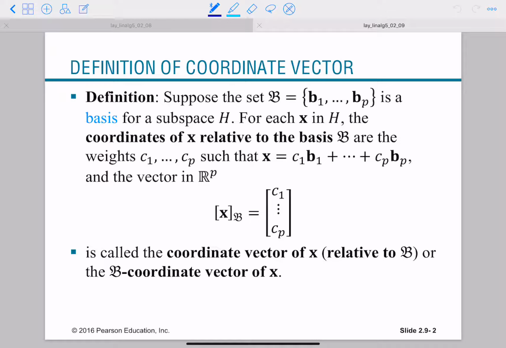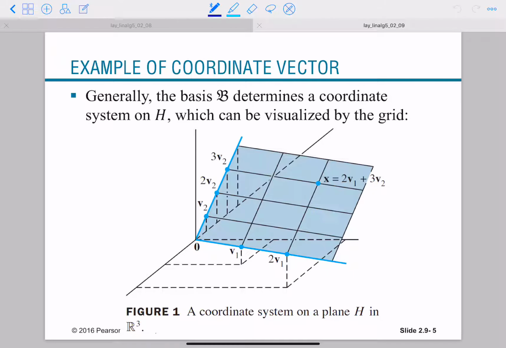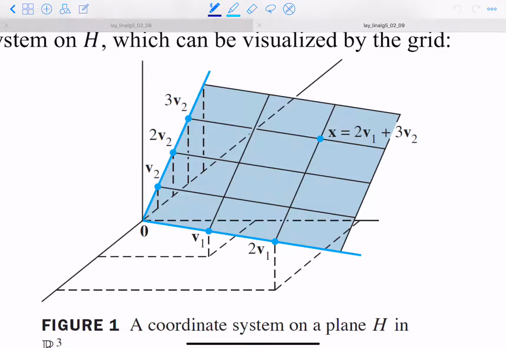In this chapter, the main, important part is the coordinate system, with respect to, or relative to, a particular given basis B. Right.